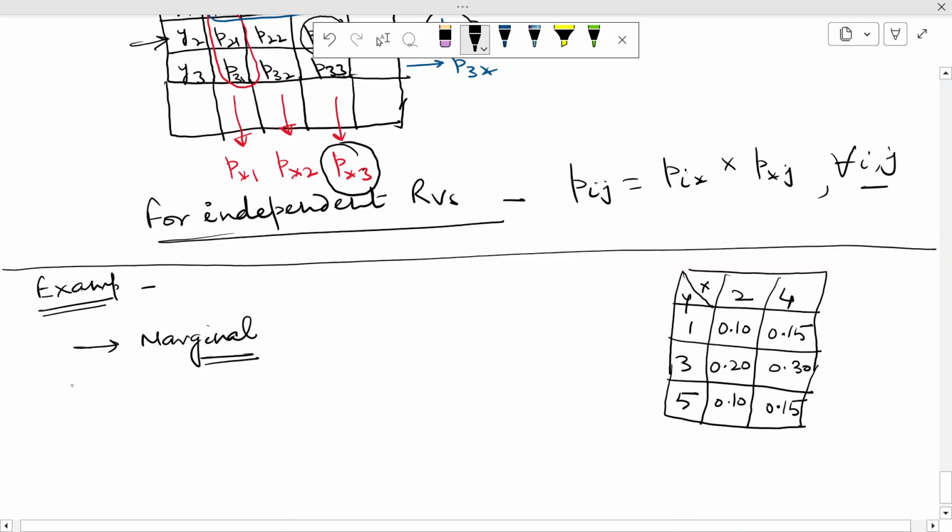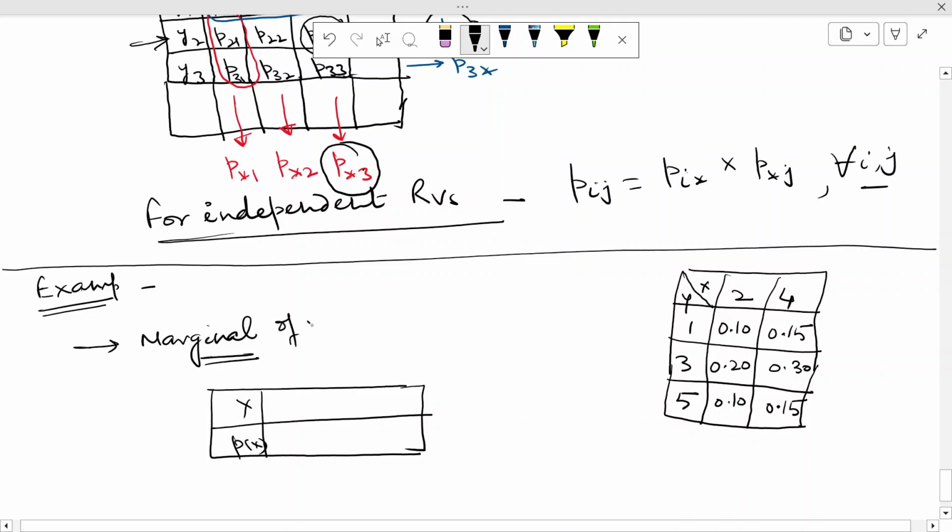Again, this is the marginal for x, and here we have the values of x and the corresponding probabilities for these values. So this is the marginal of x here.